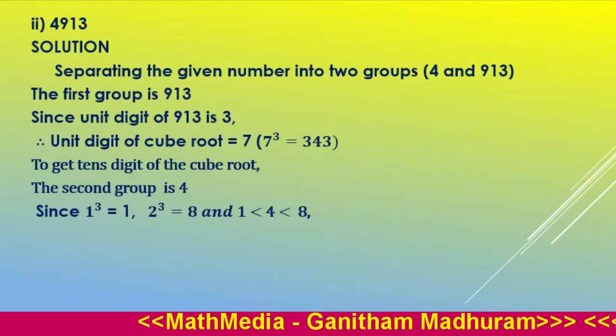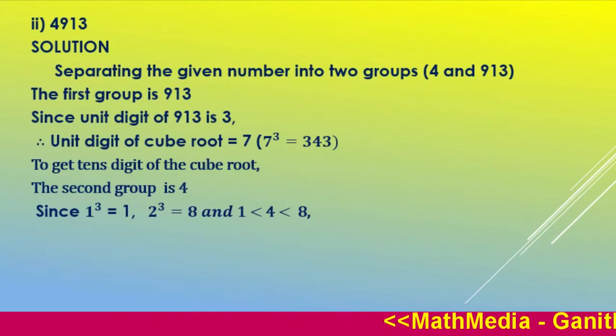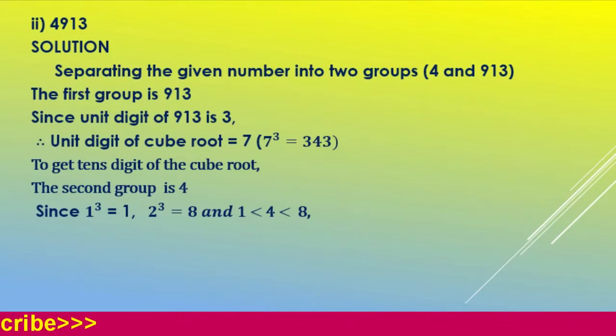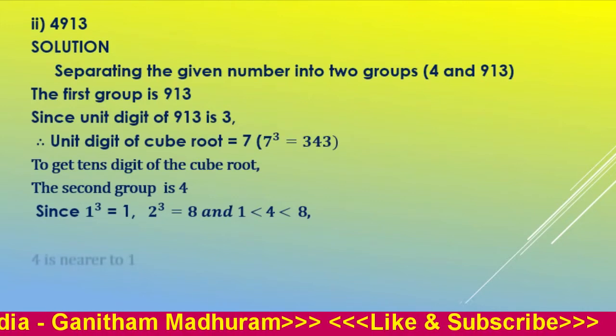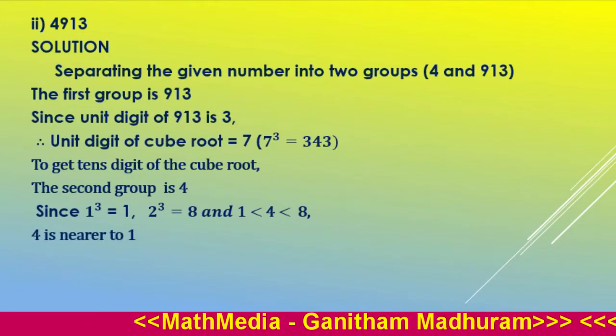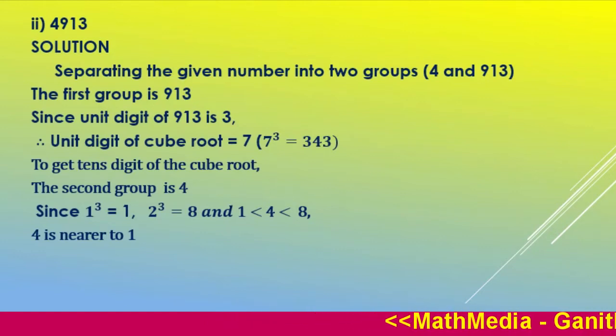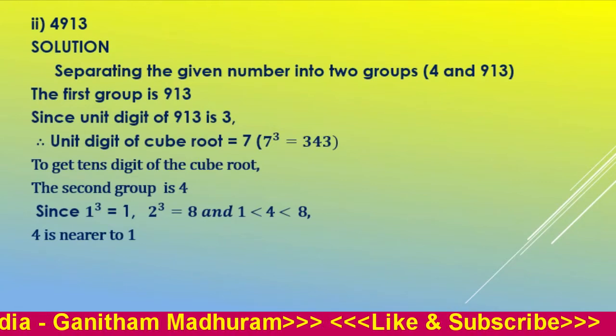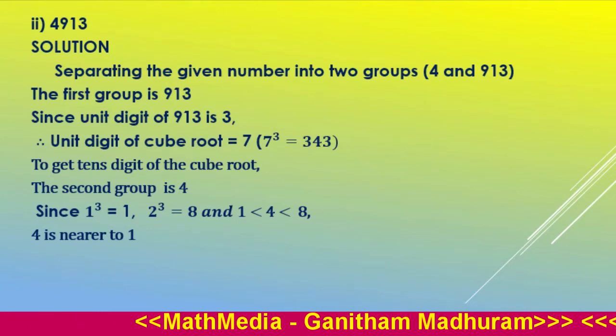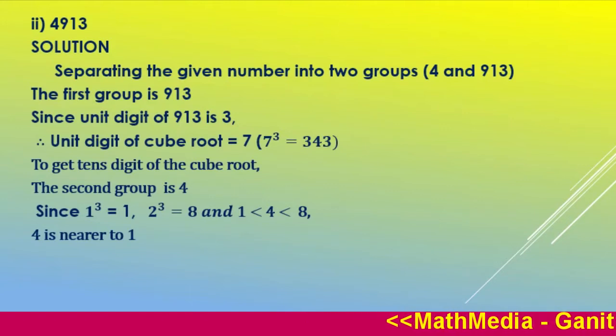Now we have to find which cube is nearer to 4. As you know, 4 minus 1 equal to 3 and 8 minus 4 equal to 4. That means 4 is nearer to 1.